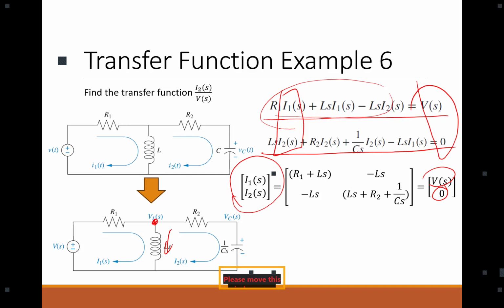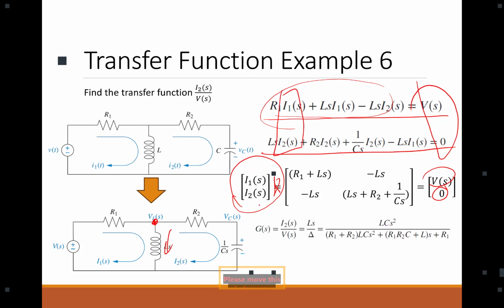So if we wanted to run the equation, I1 times R plus Ls, minus Ls times I2, this is the matrix multiplication, is going to be Vs. This is a multiplication, and it is the matrix representation of the two KVL equations that we have.